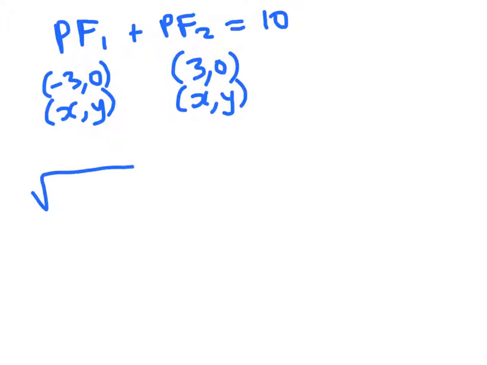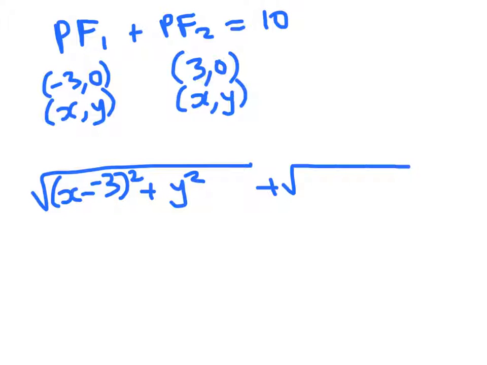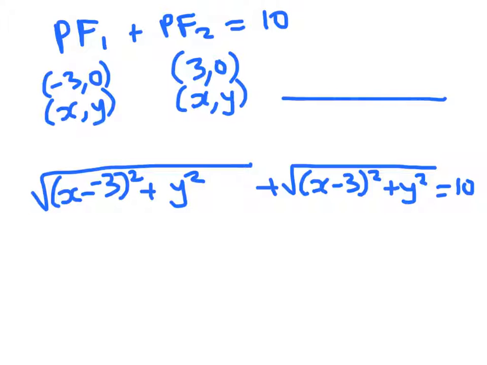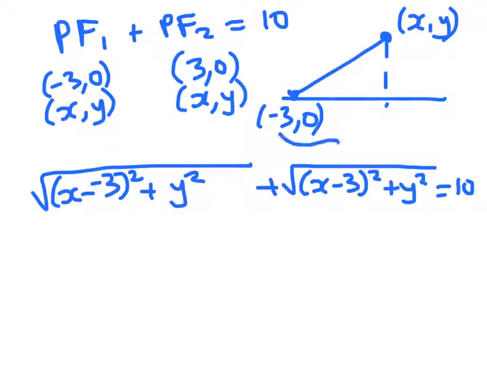So by Pythagoras, I can say this, that the square root of x minus -3 squared plus y squared, plus the square root of x minus 3 squared plus y squared, is equal to 10. Right, so that is coming purely from Pythagoras. Here's my xy, and here's my -3, 0. So that horizontal distance is going to be x plus 3.